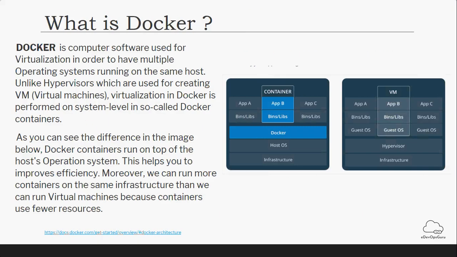Okay, so let's see this picture again and try to see what are the benefits of Docker. If you remember, when you create a virtual image using Oracle VM or any other hypervisor, while creating these virtual machines, you have to reserve a particular set of RAM.